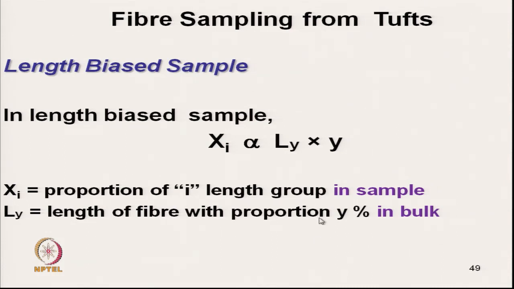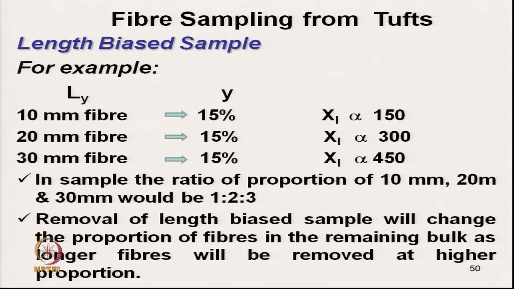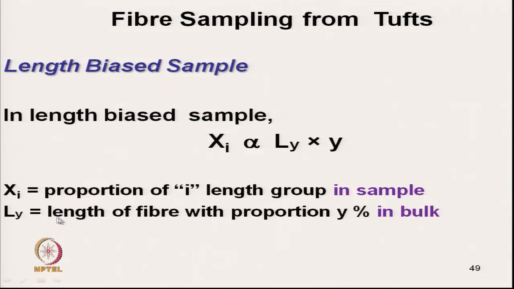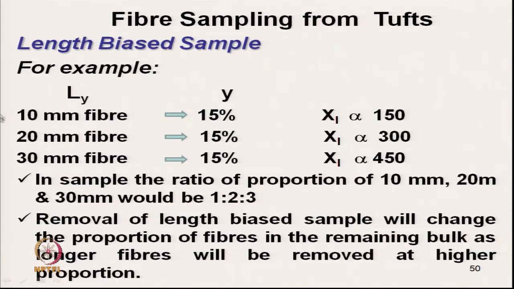Ultimately, the proportion in the sample is totally different from the proportion in the bulk. So, what is L_y? It is the length of fiber with proportion y% in bulk. So, this is the bulk proportion.